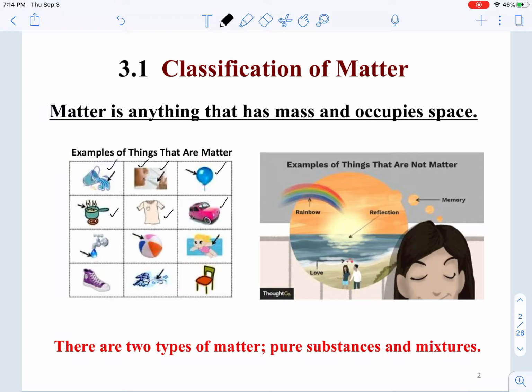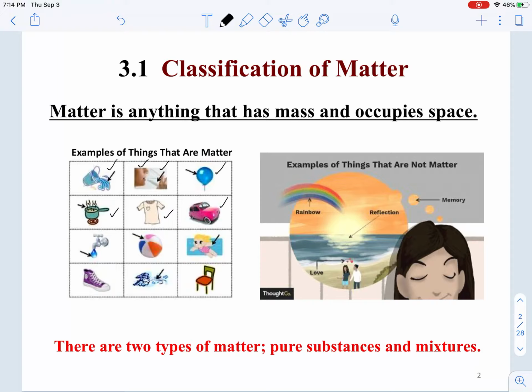Now, there are also examples of things that are not matter based on the definition in this slide. Understand that things that are not matter are going to be examples of things that do not have mass and occupy space.